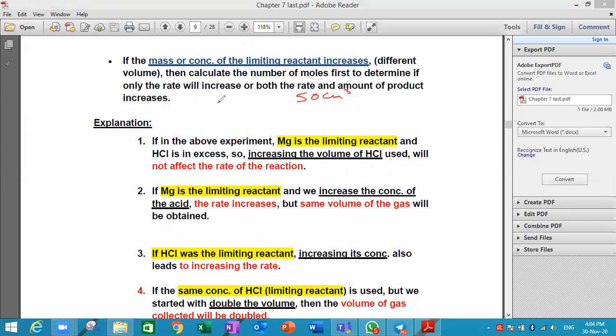If in another experiment I add 100 centimeter cube with the same concentration, then nothing will happen to the rate of the reaction, because from the beginning it was already in excess. This 50 was in excess, and I added more and more of the acid, so this will not affect the rate of the reaction.